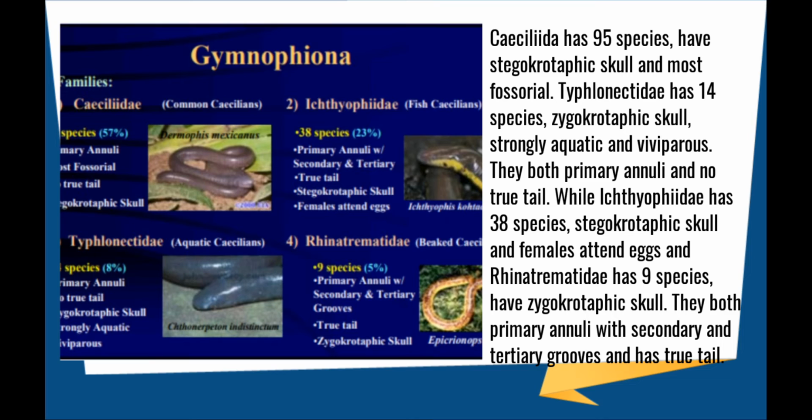The Caeciliidae and Typhlonectidae both have primary annuli and no true tail, while the Ichthyophiidae has 38 species. They have a stegokrotaphic skull and the females attend eggs. Rhinatrematidae has 9 species. They have a zygokrotaphic skull, primary annuli with secondary and tertiary grooves, and a true tail.